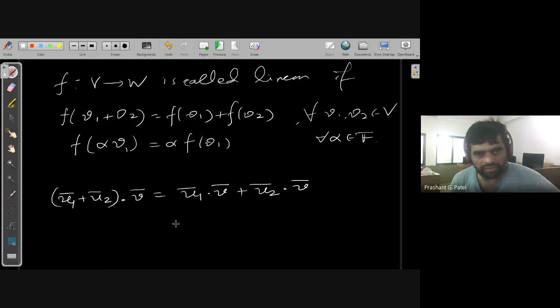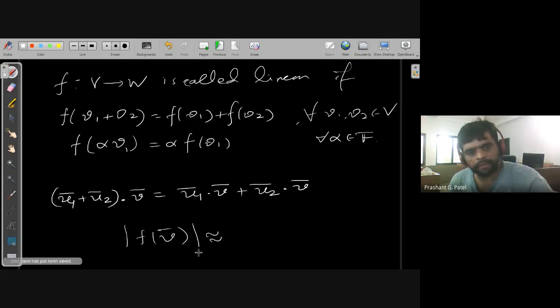Now using this, what we are going to discuss is that f of v bar is equivalently square root of k into v bar. What does it mean?